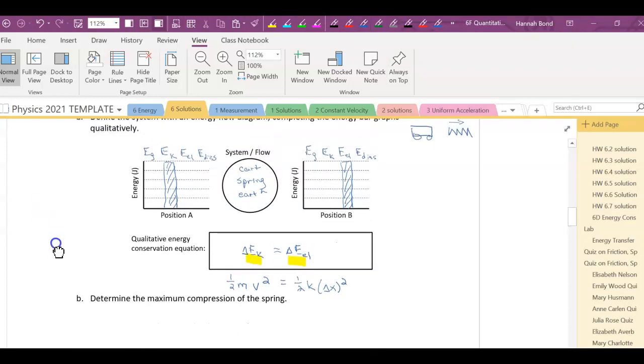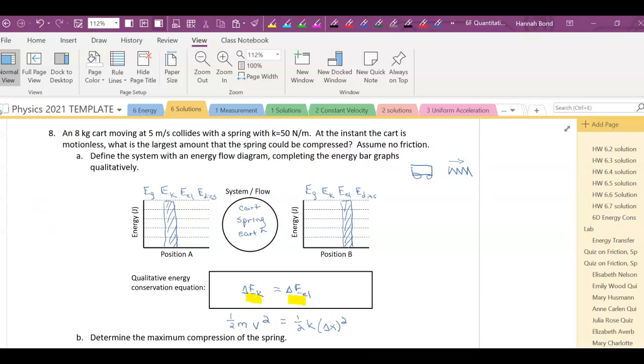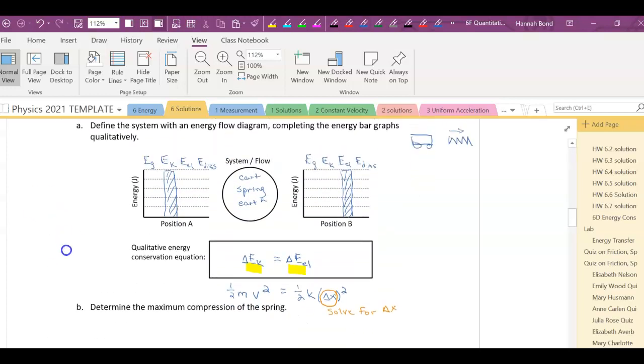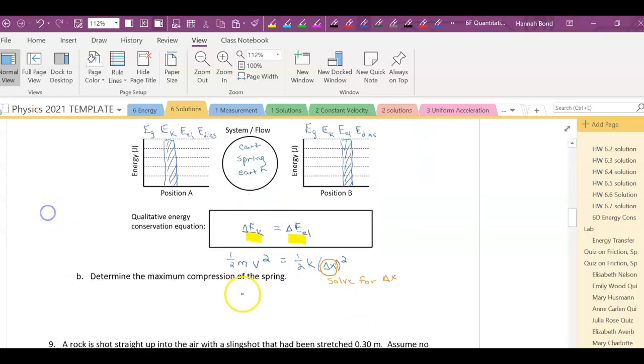Okay, let's start. I should know everything here except for the displacement of the spring, and so I'm going to be solving for this delta x. And let's just see if I have the information I need here. So it's an 8 kilogram cart, initially going at 5 meters per second. So the kinetic energy was 1/2 times 8 kilograms times 5 meters per second squared.